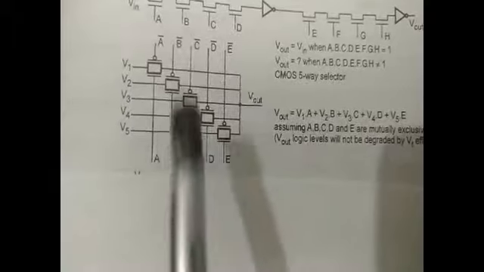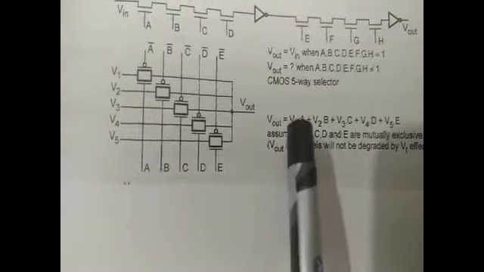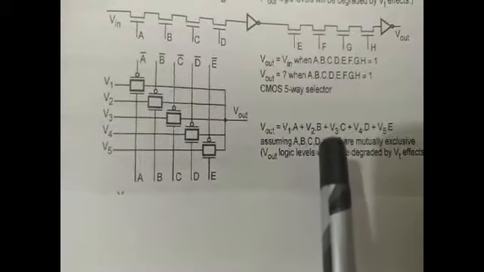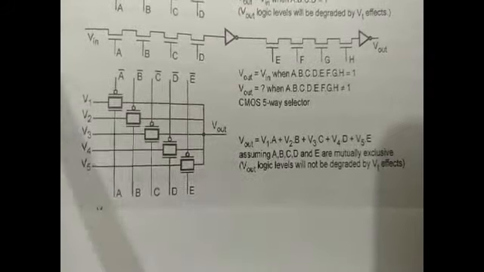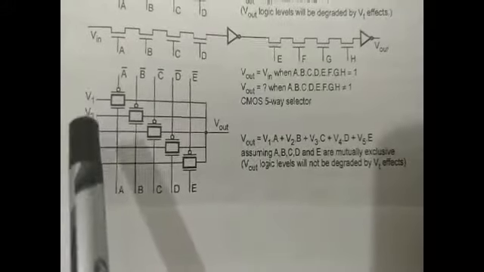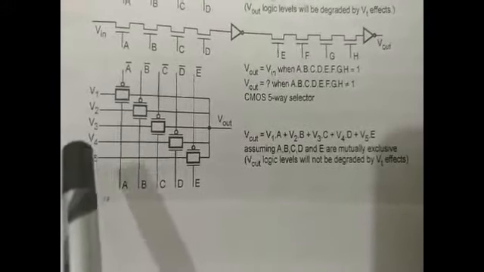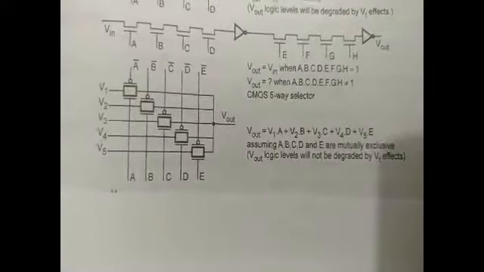In the same fashion, B bar, C bar. So the expression at V out is V1 into A plus V2 into B plus V3 into C plus V4 into D plus V5 into E, so that V out is V1 plus V2 plus V3 plus V4 plus V5.